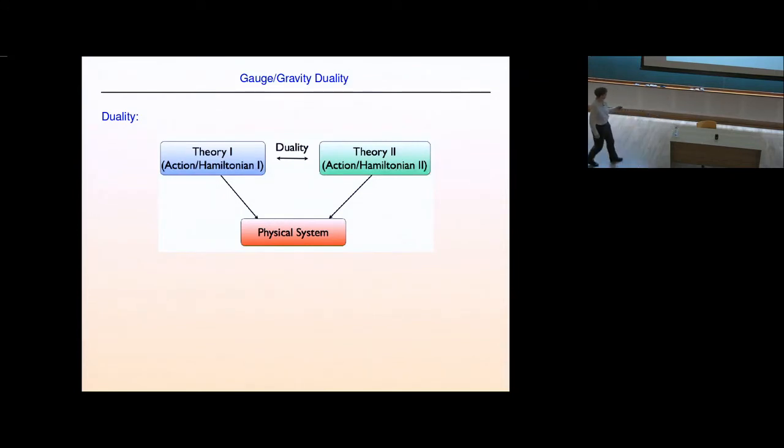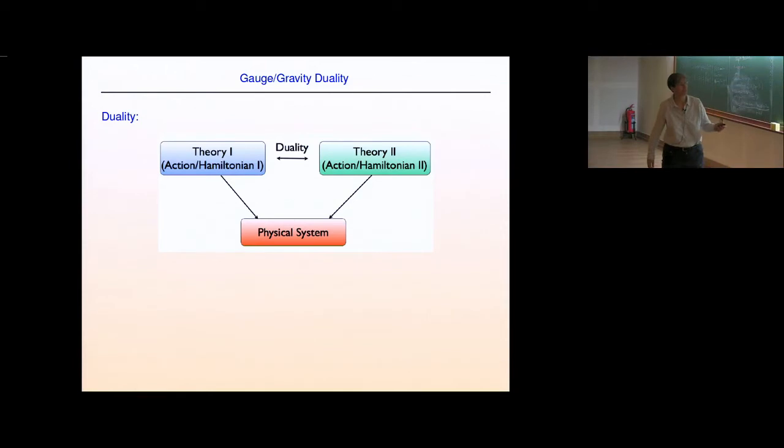By theory, I mean something given by an action or a Hamiltonian, written in a particular set of degrees of freedom. And then you discover that you have two different theories written in different degrees of freedom, which actually describe the same physical system which you consider.